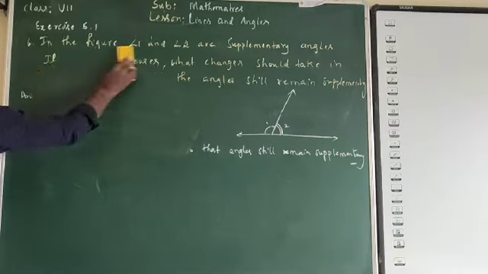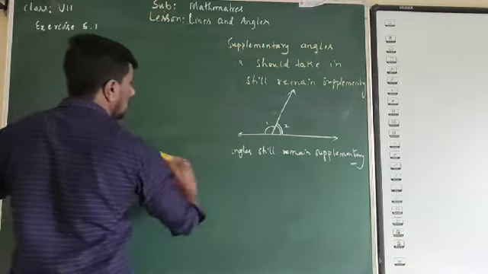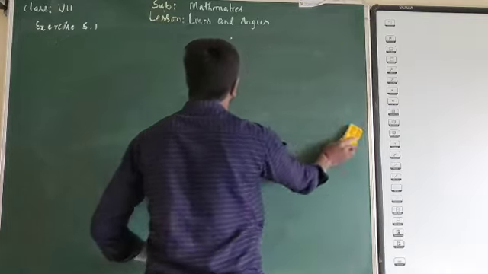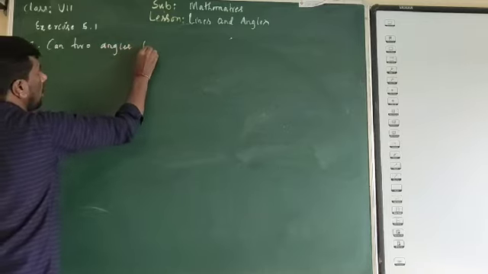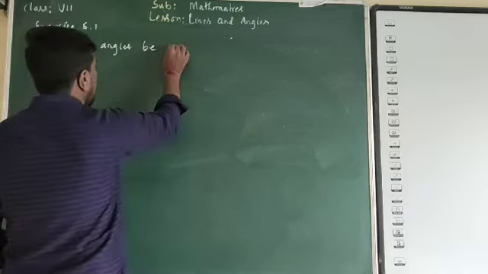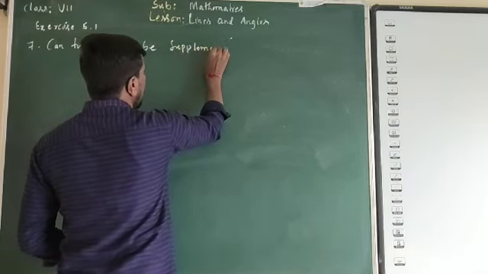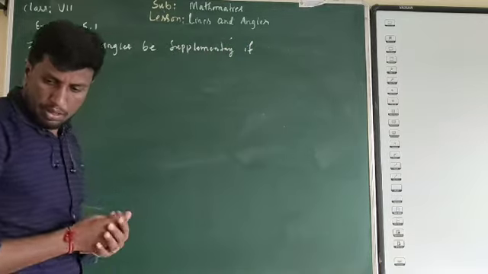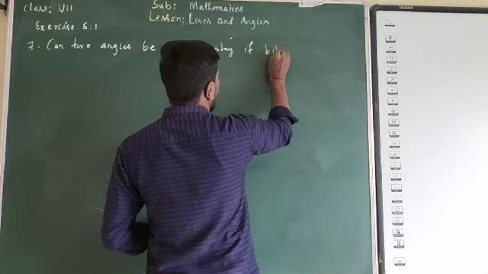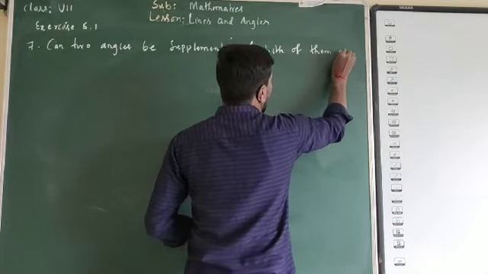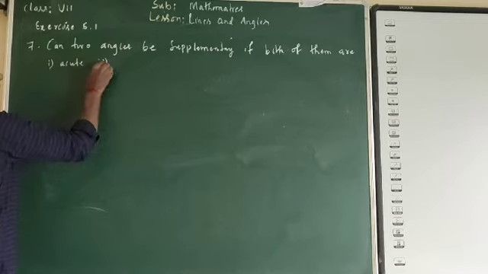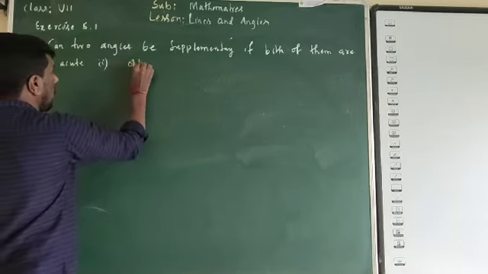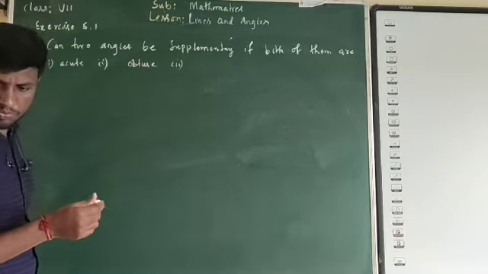Question number 7. Can two angles be supplementary if both of them are: first one, acute; second one, obtuse; third one, right?